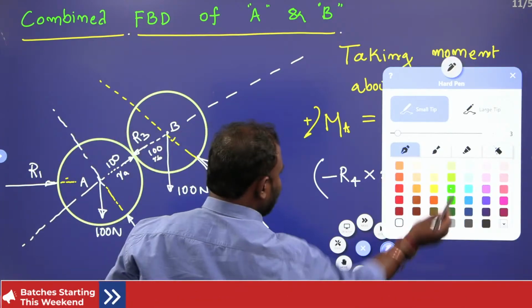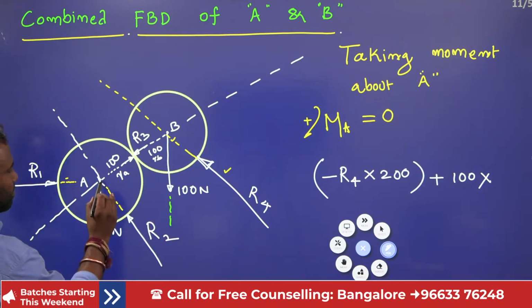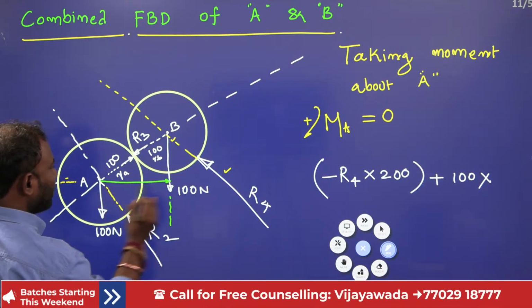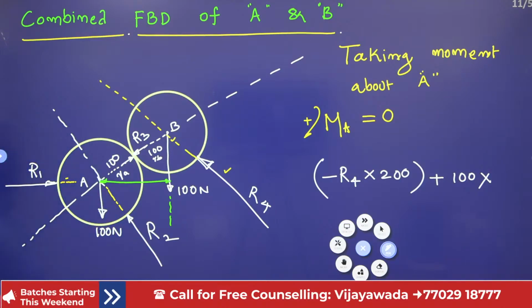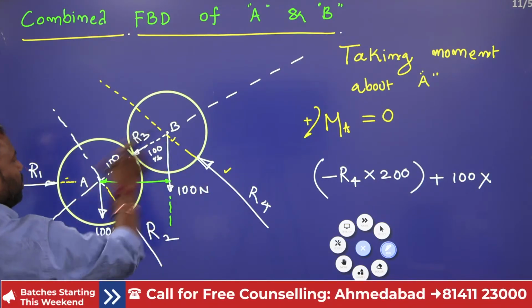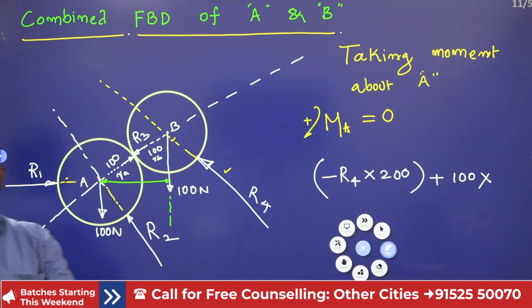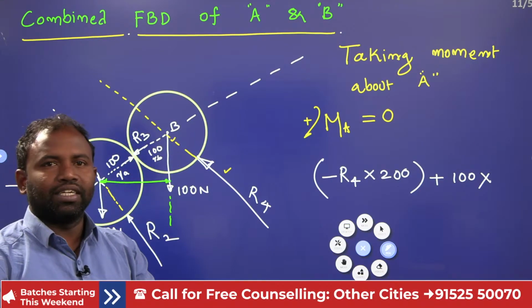That is the question. This perpendicular distance I require. So 100 newtons into perpendicular distance, and R4 into perpendicular distance, that is what moments about A equal to 0 we have considered.